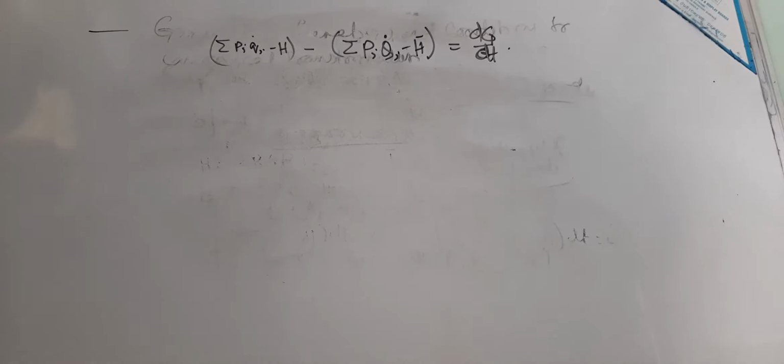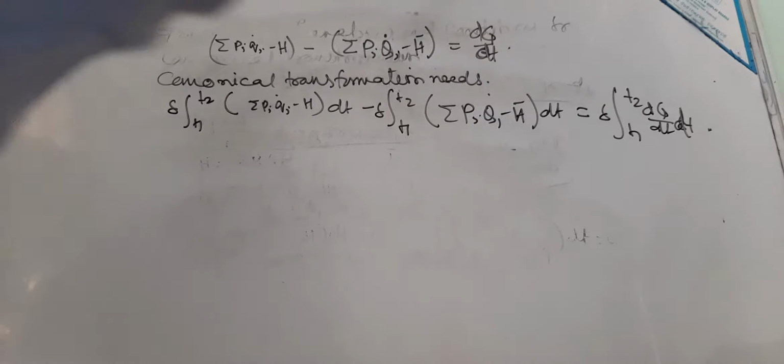So canonical transformation needs that delta integral from t1 to t2 of summation pi qi dot minus H dt, minus delta integral from t1 to t2 of summation Pi Qi dot minus H bar dt, equals delta integral of dG by dt dt, which equals delta of G at t2 minus G at t1, which is equal to 0. Here G is the generating function.